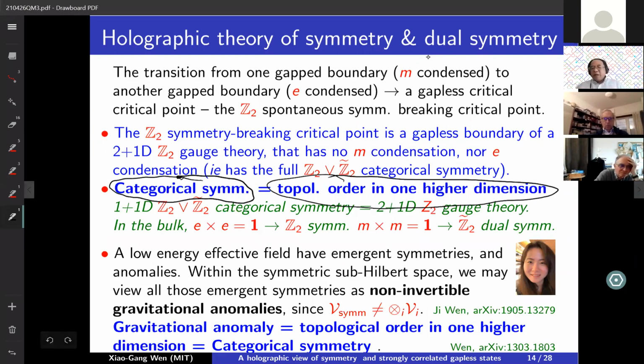When you say a system has a categorical symmetry, it's the same as saying we have a topological order in one higher dimension, and the system we refer to is actually the boundary of that topological order. These two are equivalent. So when you implement a categorical symmetry, it's like studying a boundary of a topological order in one higher dimension. For different categorical symmetries, you have different topological orders. Yeah, so that is the point.